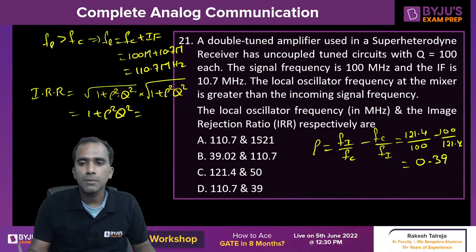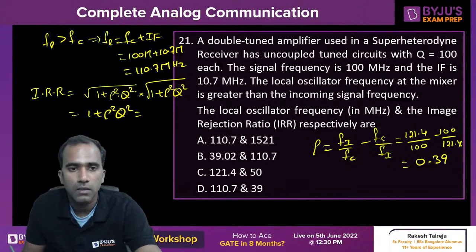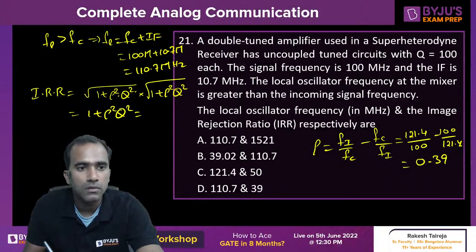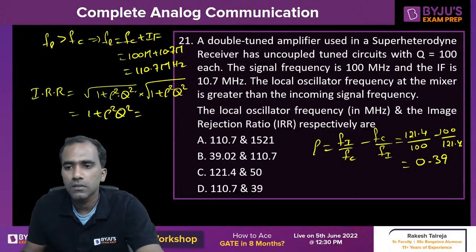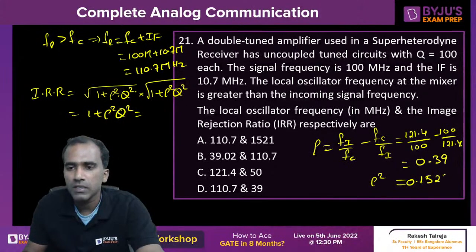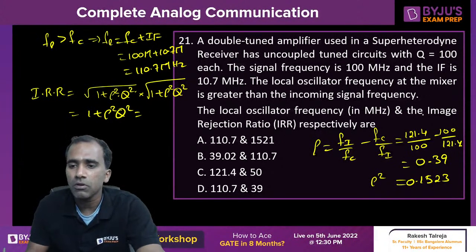So 0.39 square is 0.1523, something like that. So rho square is roughly 0.1523. If you multiply with q square, 100 square, which is 10 power 4, it becomes 1523, somewhere around that.